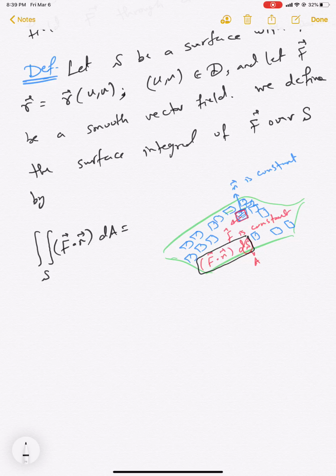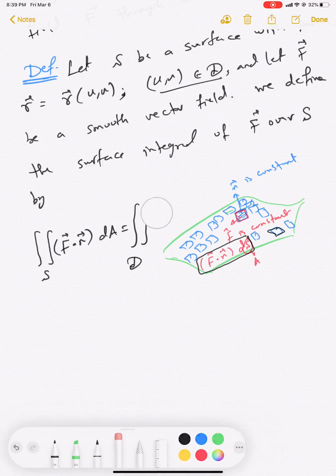In fact, if we do these details, if we take these small rectangles and we do exactly like what we did with the line integral when we moved from the constant vector case to the variable vector case, when we had a partition, we can do the details to end up with the double integral over D. What is D? D is the UV domain. Let me write it on a new line.